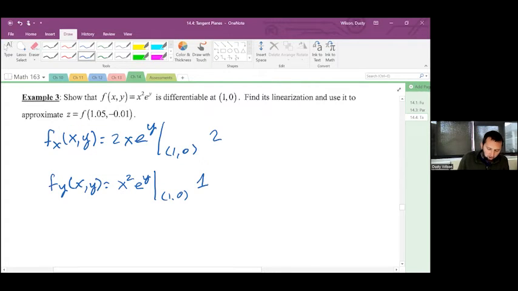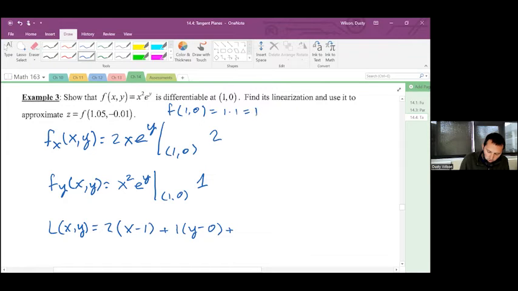So this tells us that our linear approximation, L of (x, y), is equal to 2 times x minus 1 plus 1 times y minus 0 plus, I guess we also need to know f of (1, 0), which would be 1 times 1 or 1.